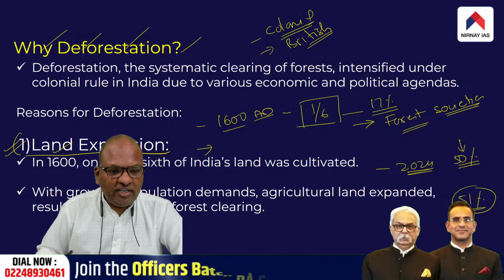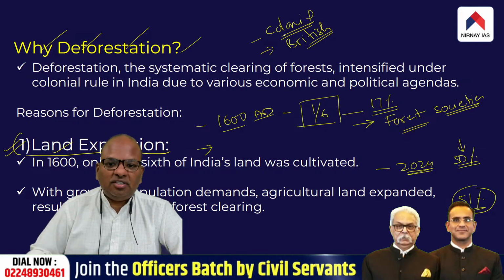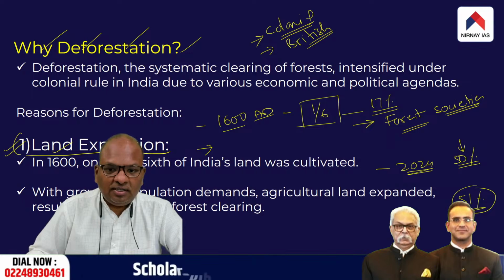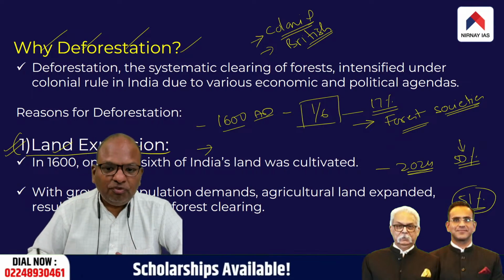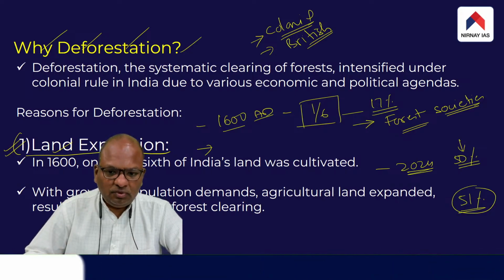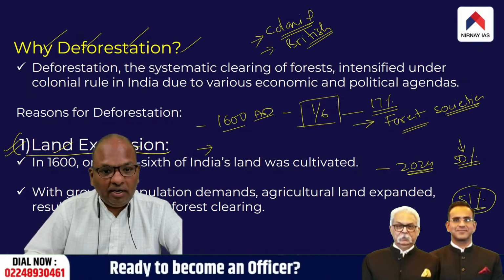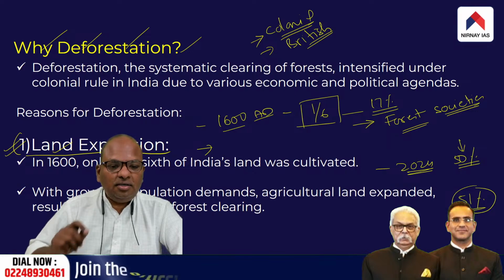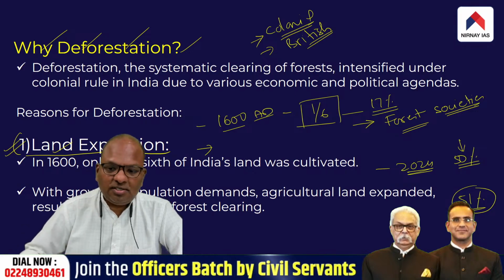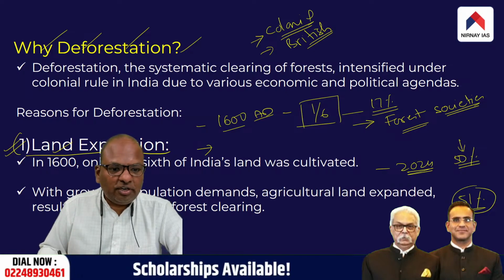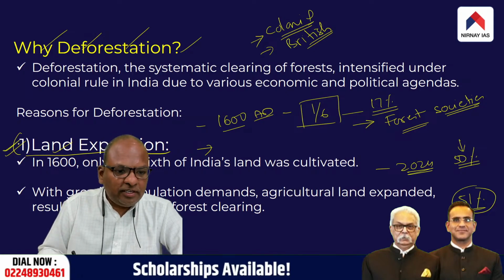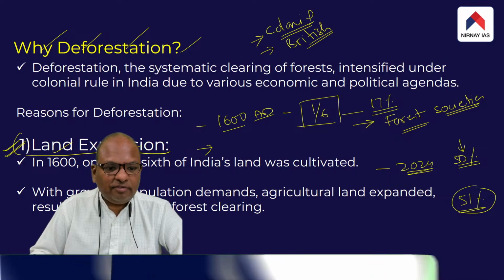I told you, deforestation has been happening in India and in other parts of the world for numerous reasons. But the process of deforestation certainly got intensified during the British time. The first reason for deforestation is the expansion of land under cultivation.